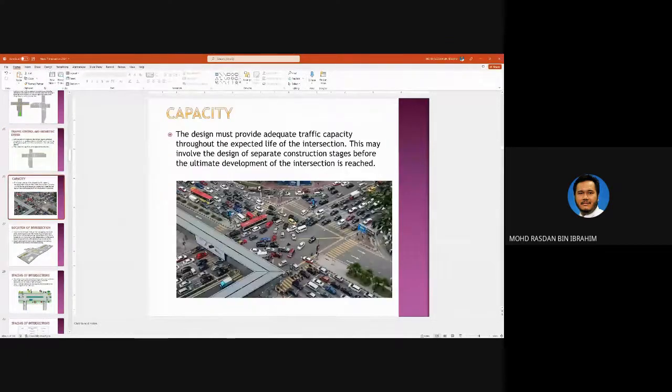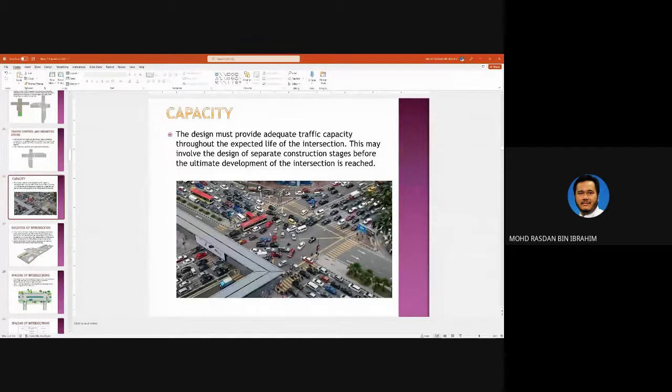Capacity. Design must provide adequate traffic capacity throughout the expected life of the intersection. This may involve designing separate construction stages before the ultimate development, meaning you can design according to the projected volume of vehicles that will be using the intersection.